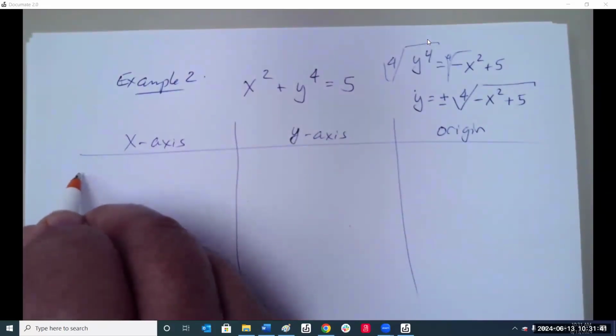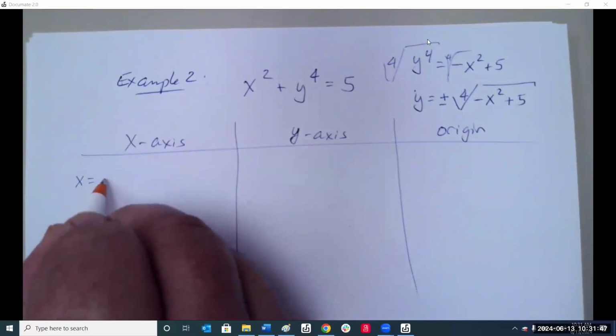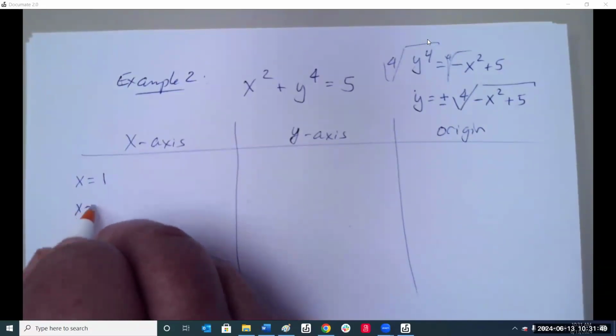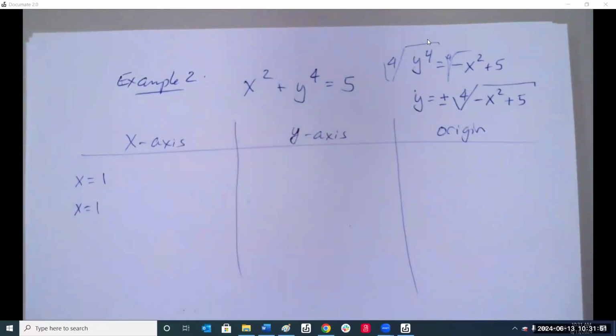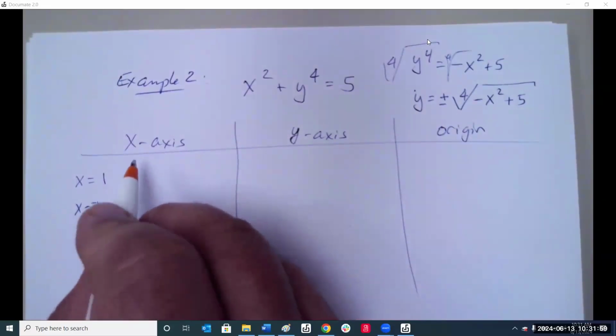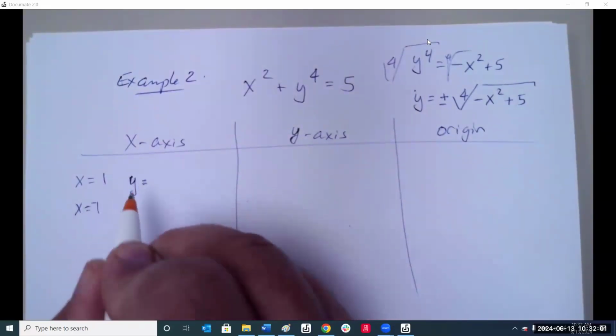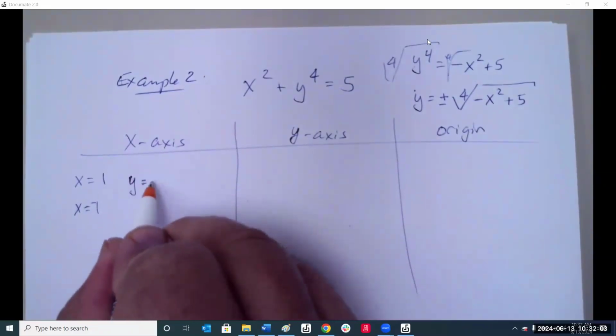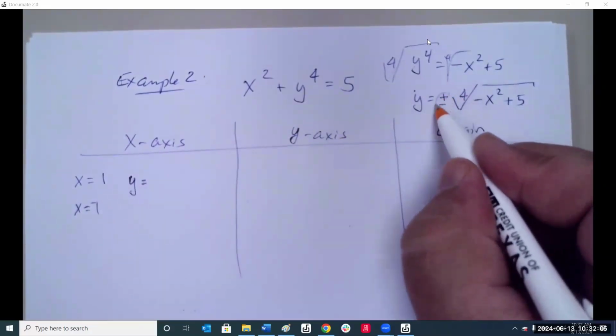So we'll try something easy. 1 and -1. Now it's positive and negative.